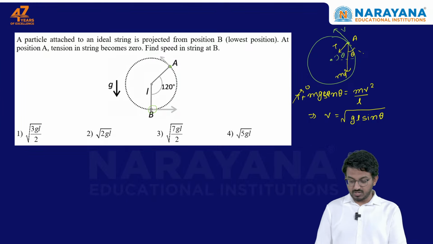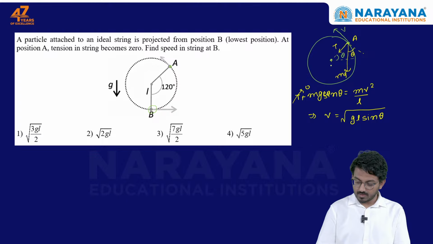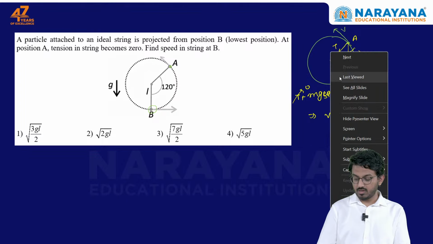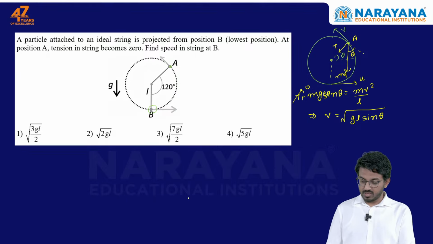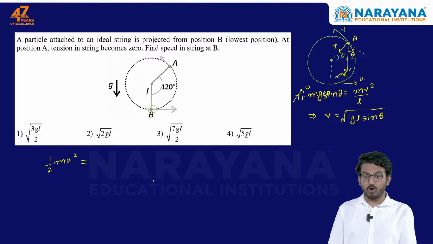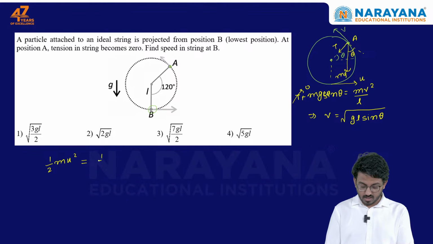Now conserving energy from the bottom here, at the bottom I will assume some velocity u. If I conserve energy, at the bottom the energy is half mu squared, and finally the body has some kinetic energy at A which is half mv squared, and v came out to be gL sine theta, and I have to square that root.